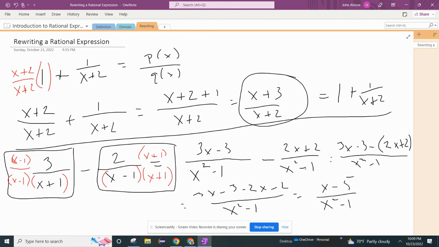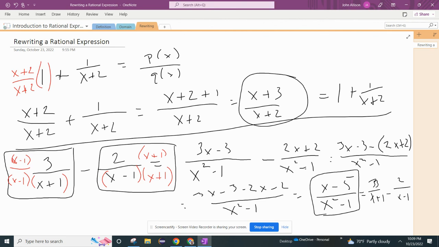And that's equal to my original expression of 3 over x plus 1 minus 2 over x minus 1. And that's the equivalent expression.